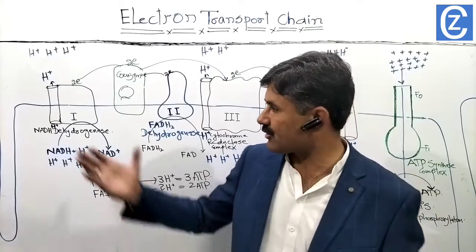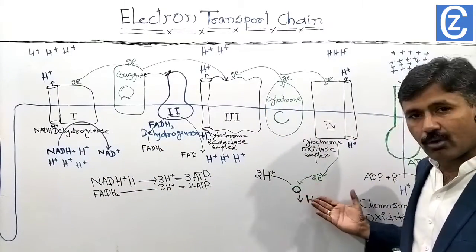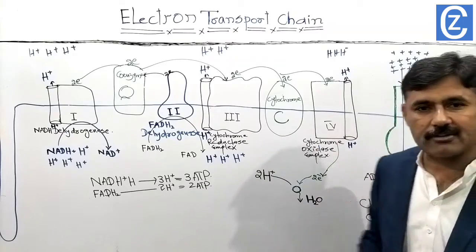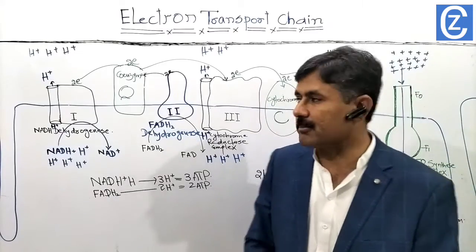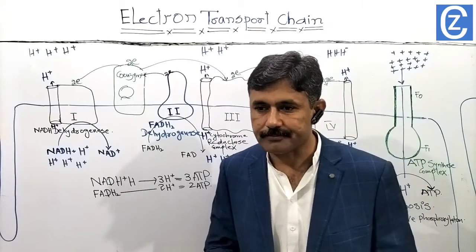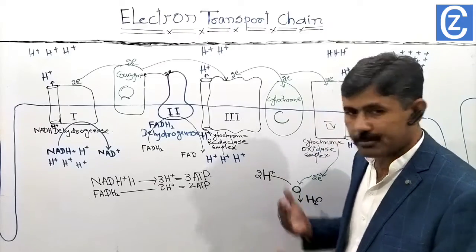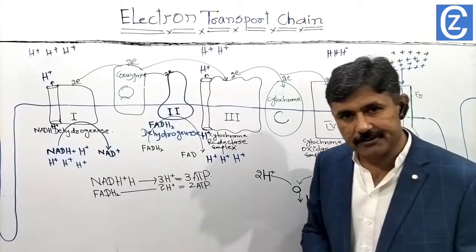By this process, electrons will move from one complex to another and they will finally reach oxygen, and they will help in the synthesis of ATP, the ATP that is formed during the electron transport chain. We are going to study what the complexes are and what the process is in detail today.